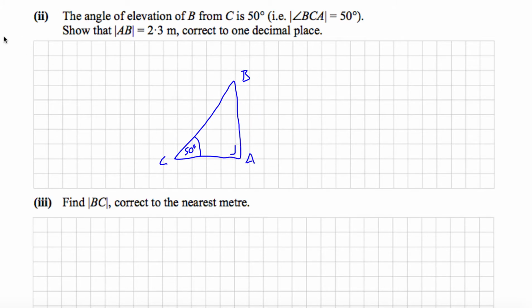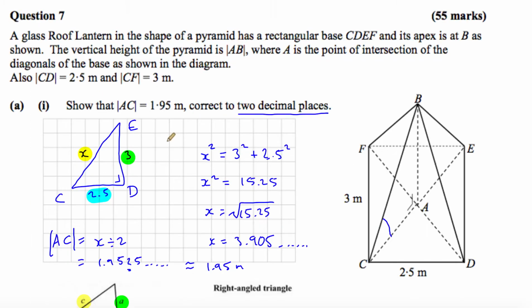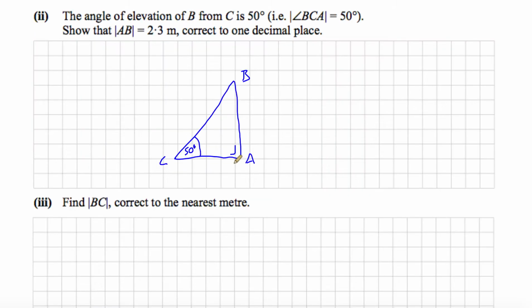This would be a right angle triangle. Okay, now we've just worked out AC. We know AC is 1.95. So we're going to try and find AB.